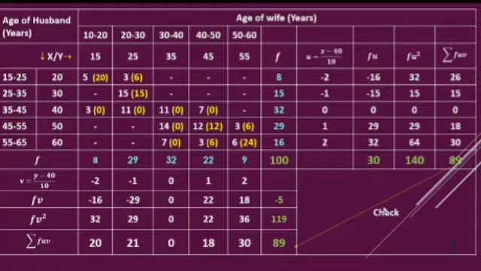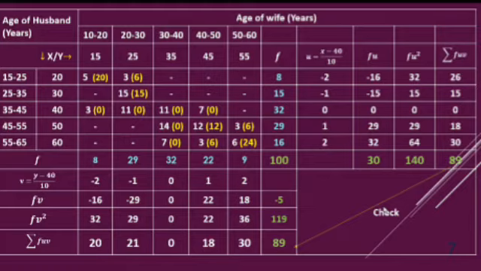So that you will get minus 2, minus 1, 0, 1, 2. Same procedure, okay. 10 to 20, that Y value is 15. So 15 minus 35 divided by 10 gives minus 2. Then 25 minus 35 divided by 10, minus 1. Then Y value is 35, 35 minus 35 divided by 10, 0, so on.